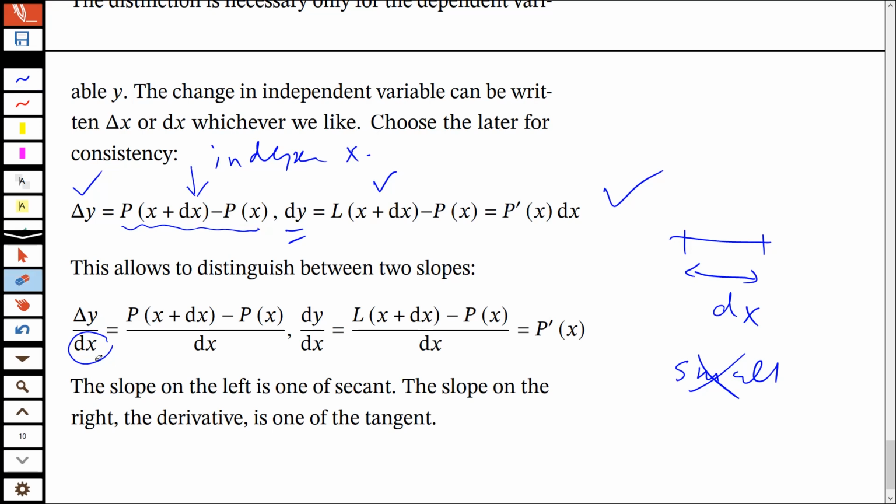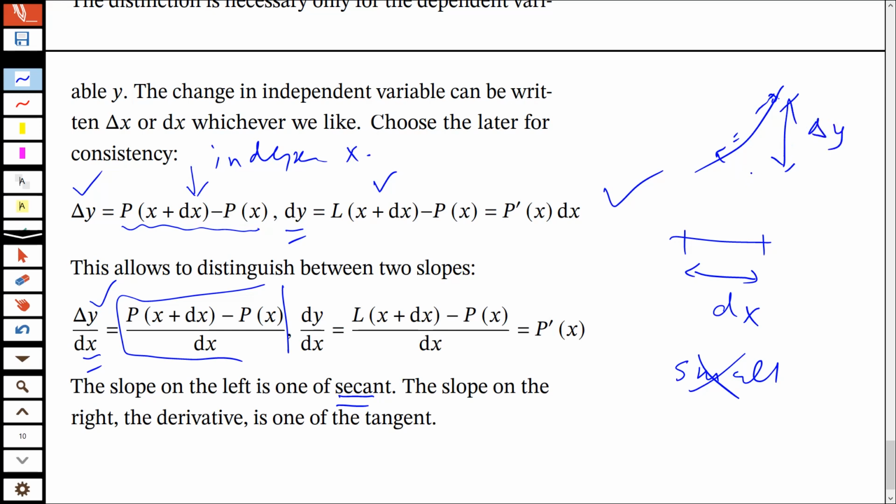So the ratio of the actual change by this dx, which was my choice, will be the slope of the secant. We know the secant took me from one point to the next point following the actual curve. So delta y over dx, and remember, for me dx is the same as delta x, so delta y over delta x is the slope of the secant.